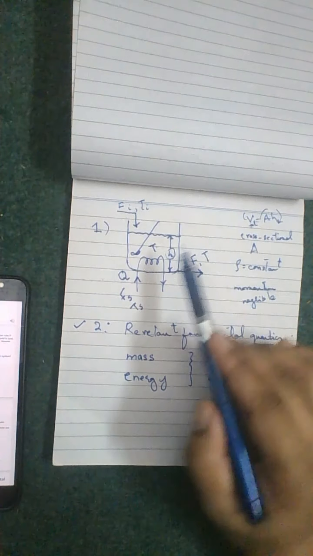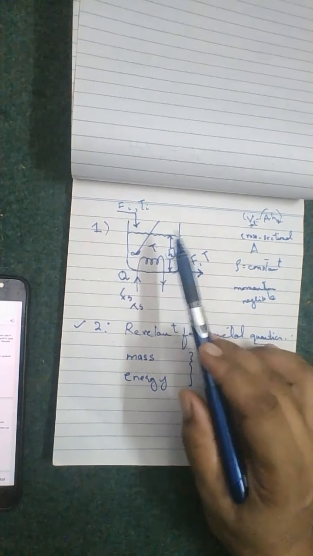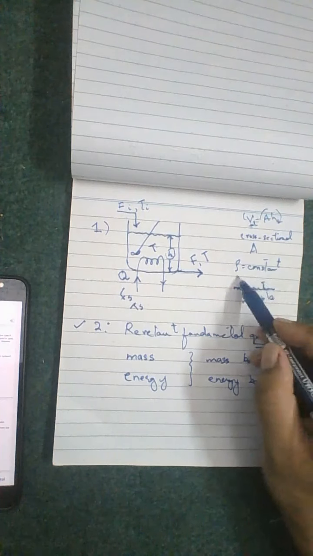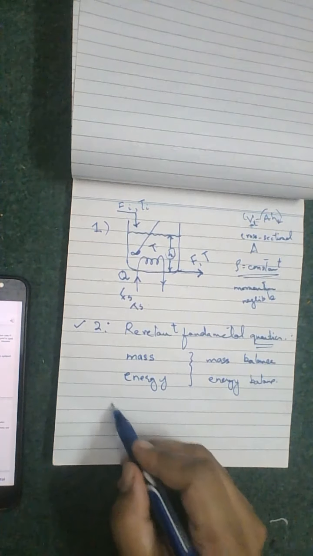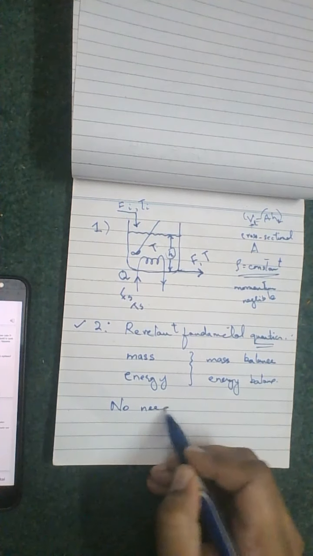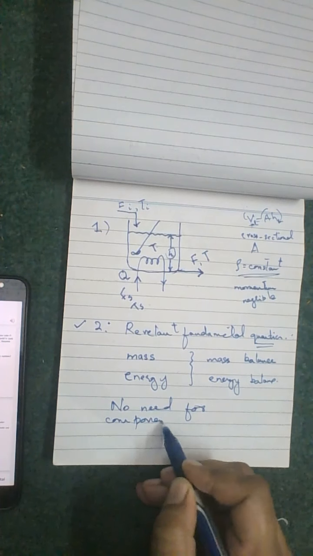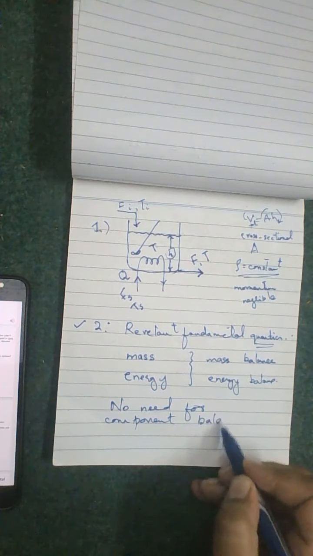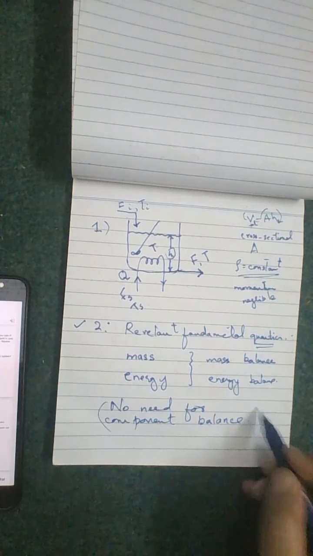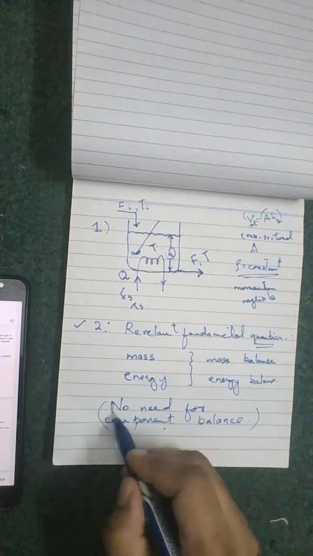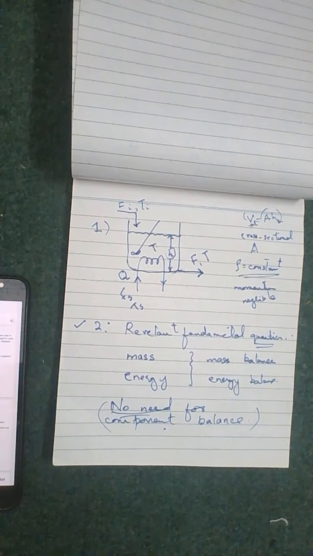As this system is comprised of the same liquid of the same density, there is no need for a component balance. No need for the component balance.